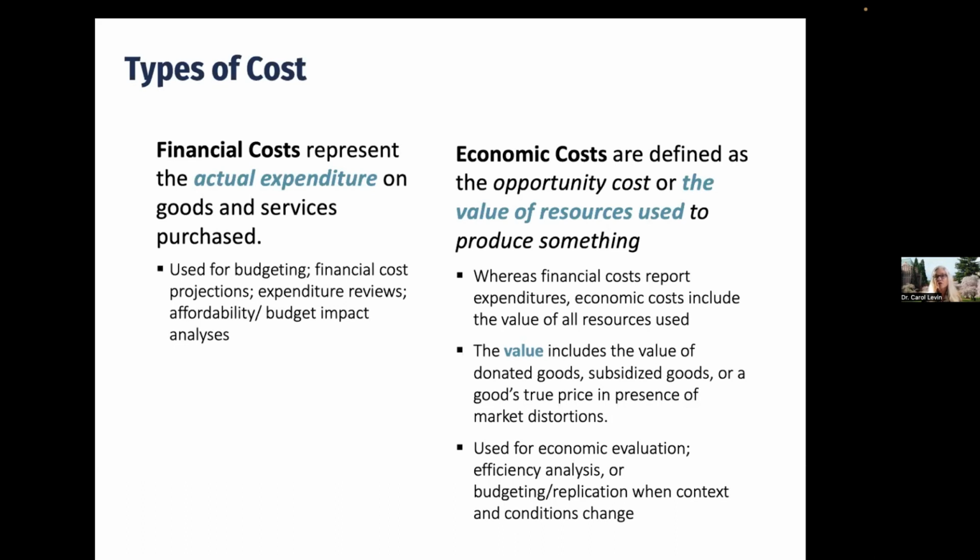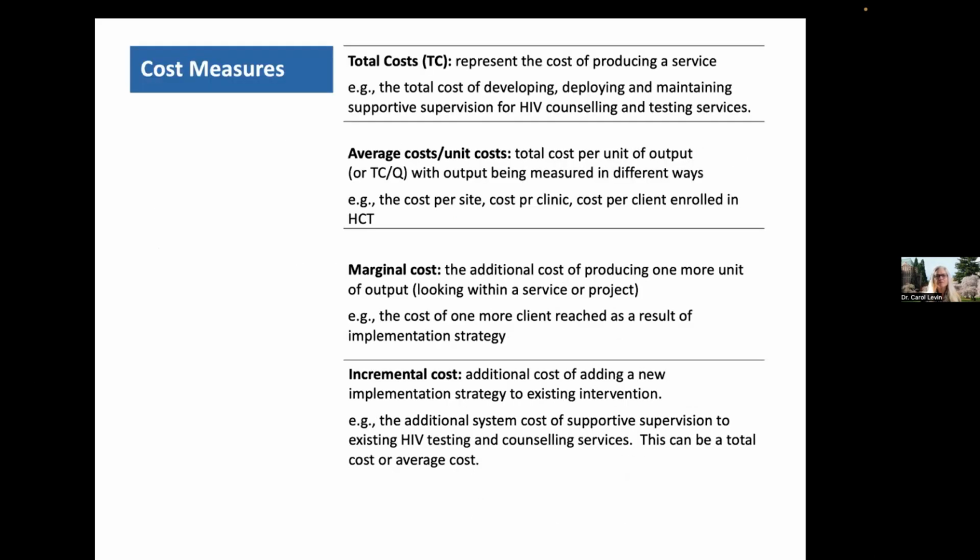These are collected for use in modeling cost and cost effectiveness, and they include all resources used, whether they're valued or not, and sometimes whether they're provided, but they don't reflect the true market rate. So if you subsidize a good or service, or you use volunteer time, we aren't capturing the true value of that commodity. So financial and economic costs are important terminology when considering costs.